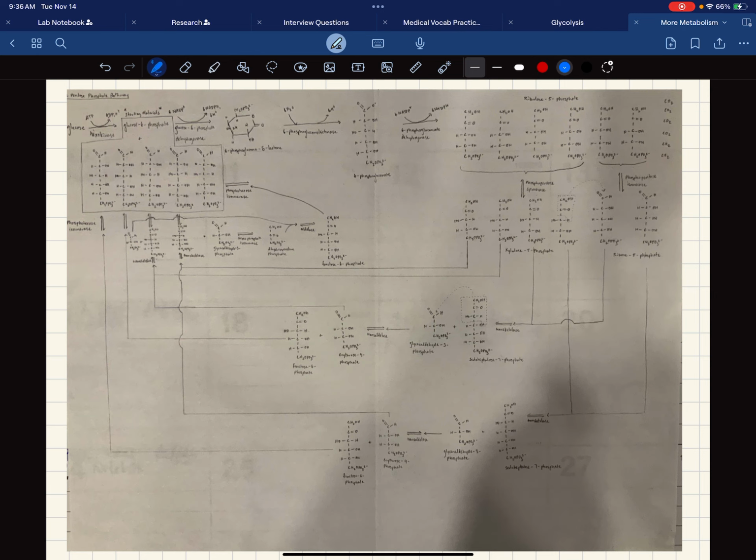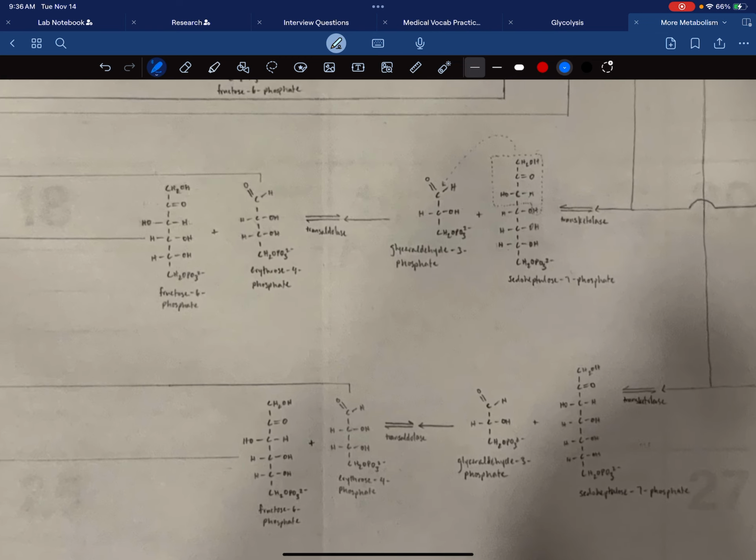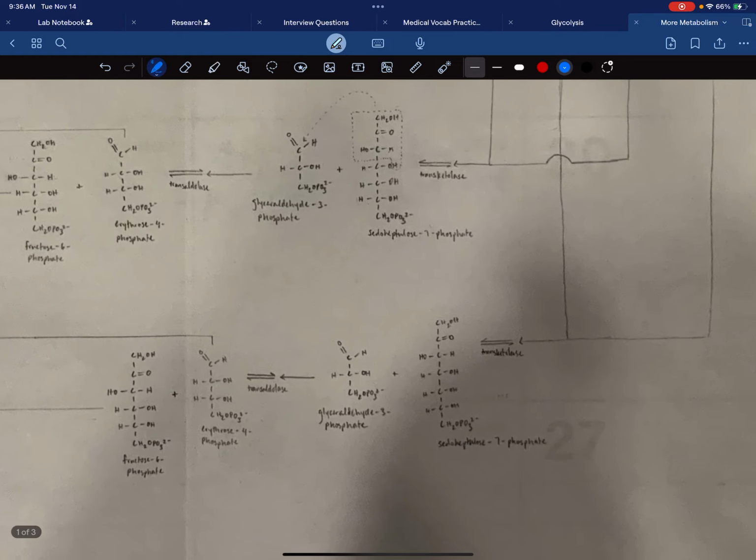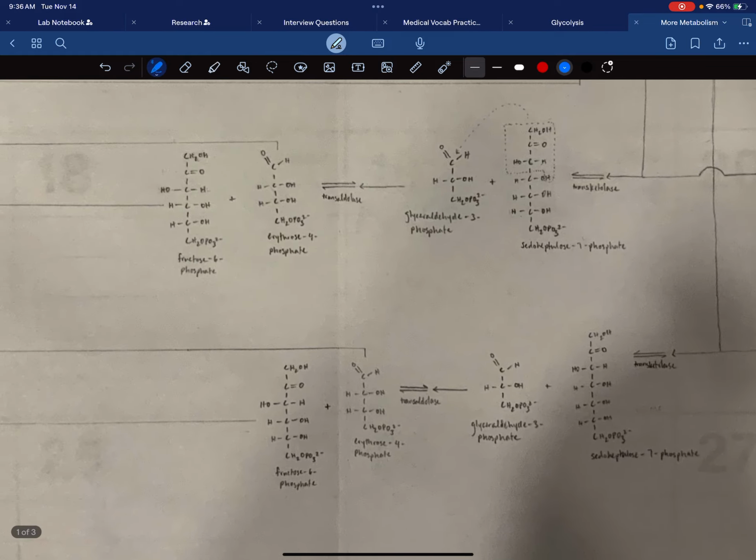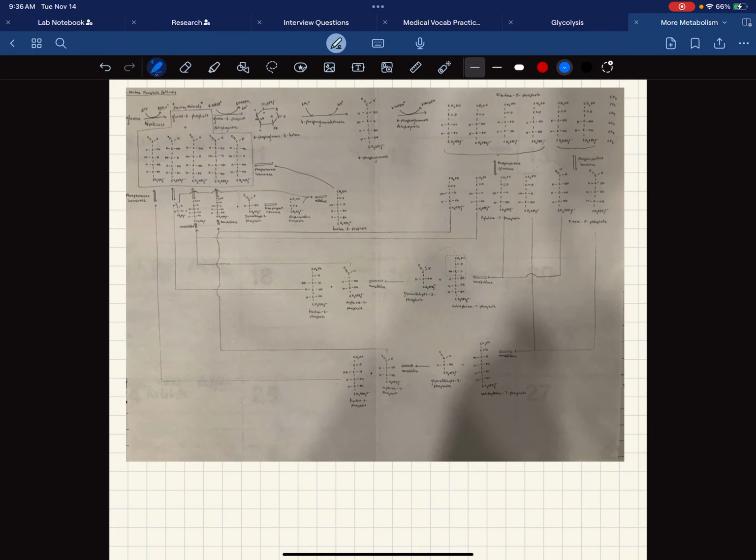You just go through and memorize what transketolase does, what transaldolase does, and where glyceraldehyde 3-phosphate comes in. I think the only hard part is that you never really see sedoheptulose 7-phosphate or erythrose 4-phosphate in any other metabolic pathway. So just know where those come up, and be able to recognize them when you see them: oh, this is a pentose phosphate pathway intermediate.